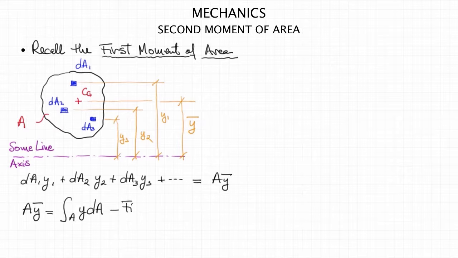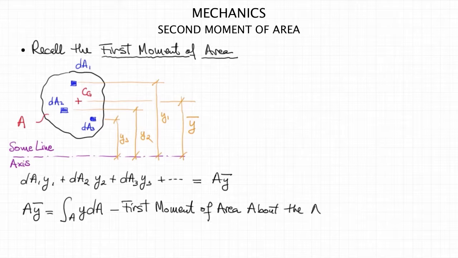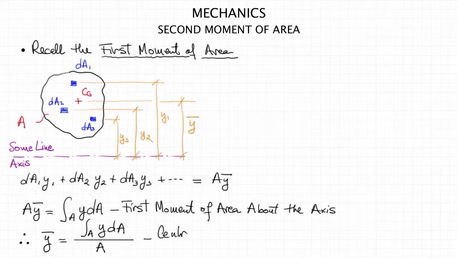And from here we could use these summations and convert them into an integral and determine the first moment of area about the arbitrary axis. Once we have done that, we could solve for y bar, which is the coordinate of the centroid of area A, as the integral over the area of y dA divided by the total area.